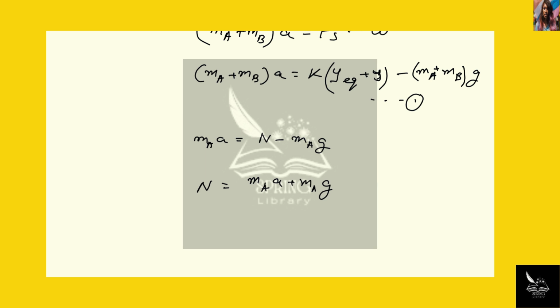From here you can get the value of acceleration: a equals (N minus Ma g) by Ma. This is equation 2, and you can plug it into equation 1.